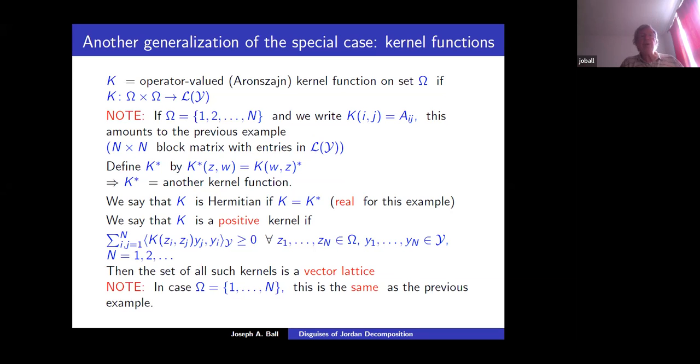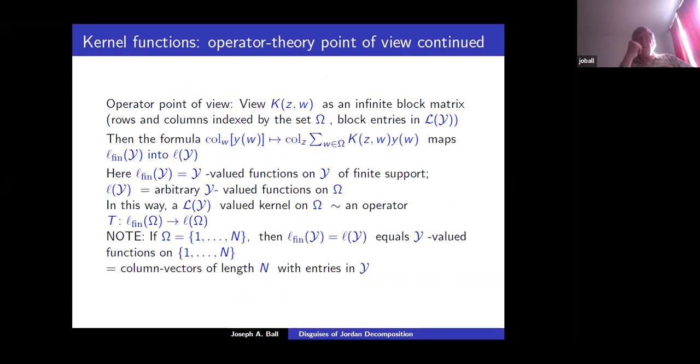Next page, kernel functions, operator theory point of view. So I want to think of a kernel as actually an infinite block matrix. Rows and columns are now indexed by this set omega, and the block entries are operators on Y. Then I can think of it as an operator.